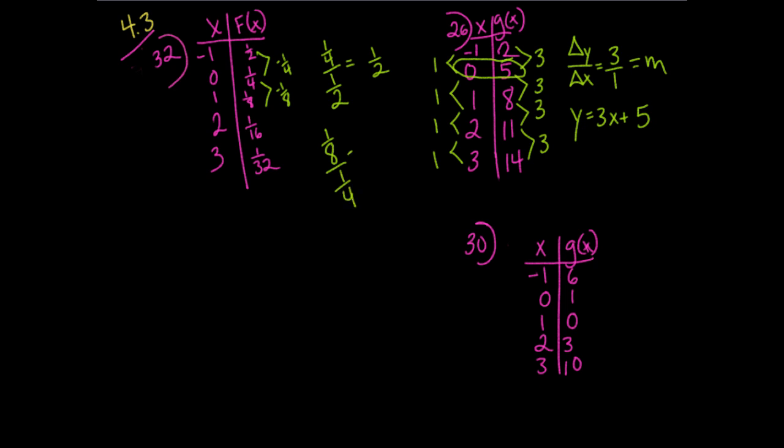1/8 over 1/4 will also give you 1/2. 1/16 over 1/8 will give you 1/2. So you can see that this is our growth factor for our exponential function.